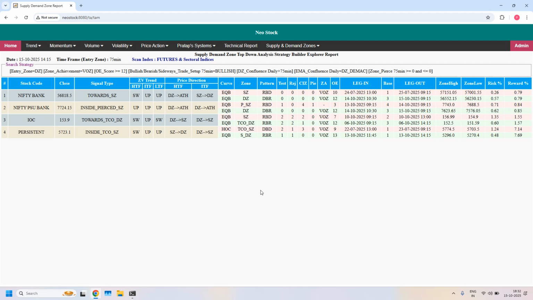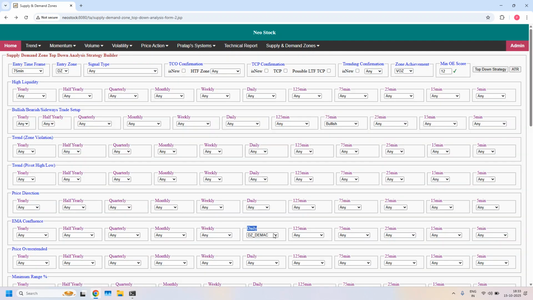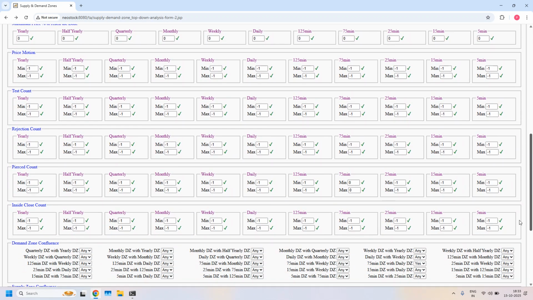Okay, second strategy: LTF, ITF, HTF demand zone confluence and HTF EMA confluence. Removing the ITF EMA filter. First, let me set all the three demand zone confluence, LTF, ITF, HTF. That is 75 minutes and daily, 75 minutes and weekly, daily and weekly demand zone confluence.